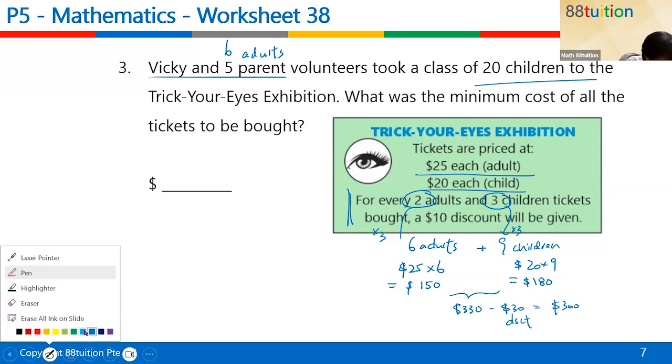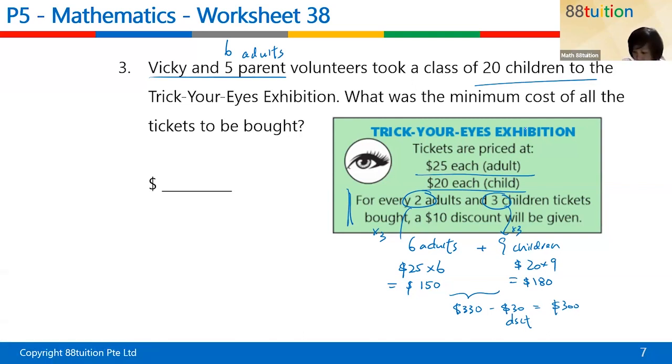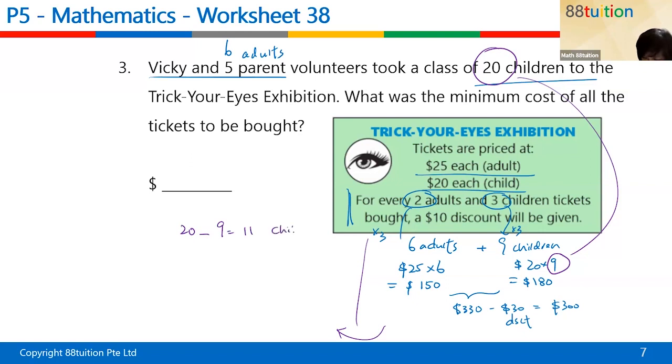But honestly, what is missing here is he wants 20 children and you have only 9 children. Look at here. So we still have how many children? We still have 11 children whose tickets are not bought yet, right? So how will I get my 11? Because 20 minus 9, 11 children. However, for the rest of the children, you must pay the full price of $20.